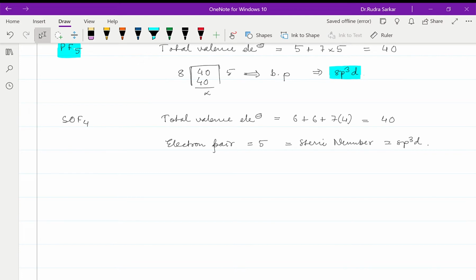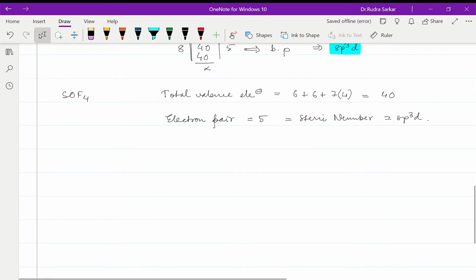Okay, so if we have to draw the structure of PF5, what we will do is place P like this, and we will draw 3 such bonds keeping an angle of 120 between them, just like that. So these angles are your 120, and you place the fluorine along the vertices of a triangle.